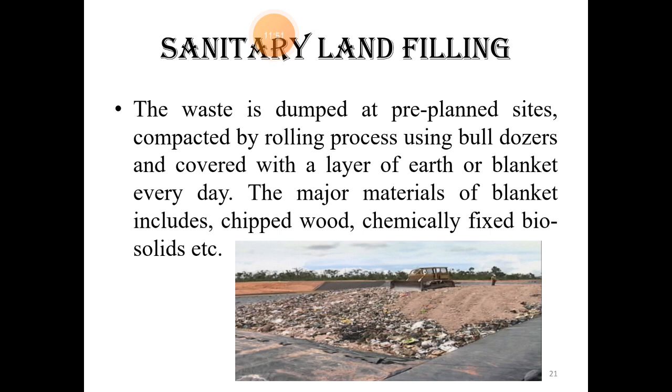The major materials of the blanket here simply refer to a cover over the waste. It includes chipped wood, then fixed chemicals, etc. Students, here in the picture of the slide, you can see the sanitary landfill method, where bulldozers and trucks are used to compact the waste over which a layer of soil or the earth is added, which acts as a blanket.